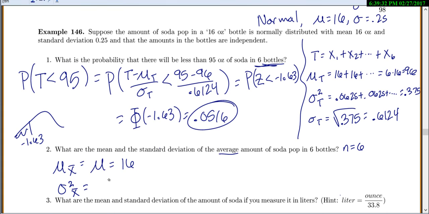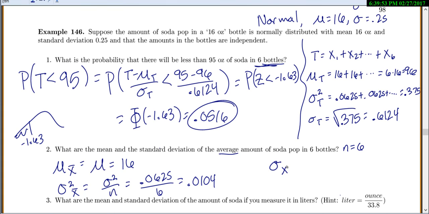And then we had a formula that the variance for X bar is equal to your old variance over N. So our old variance is 0.0625, and we'll just divide it by 6, which gives me 0.0104.